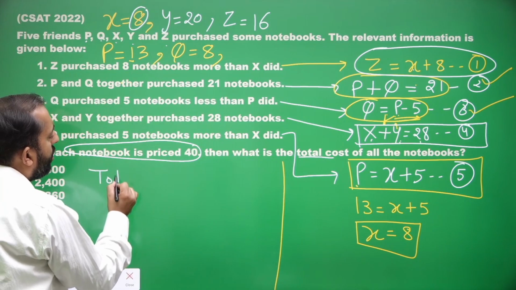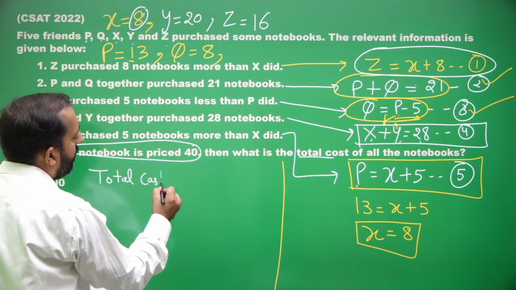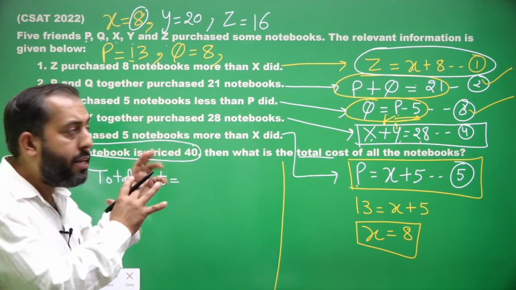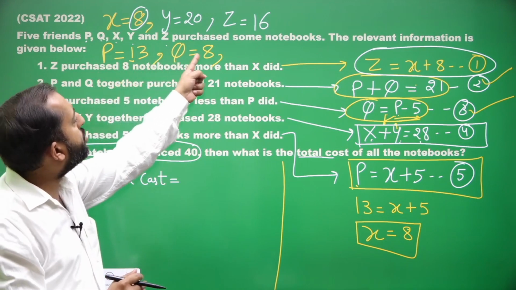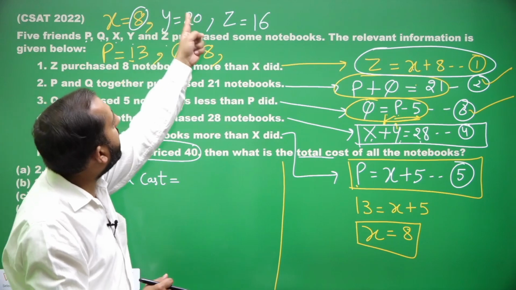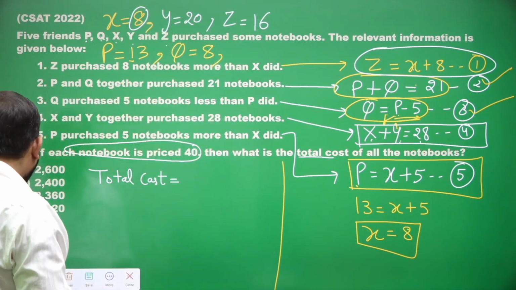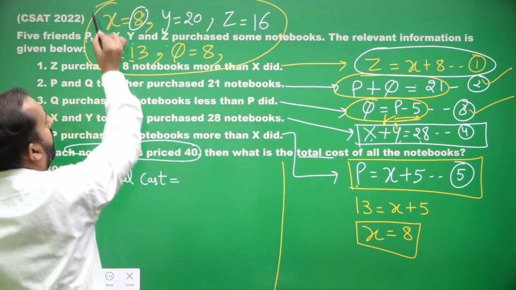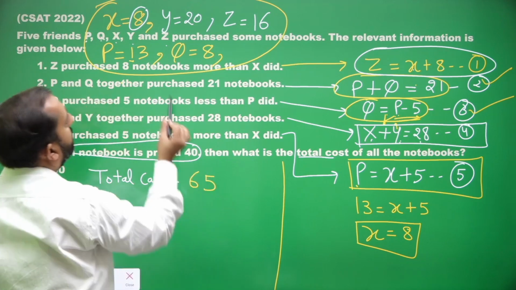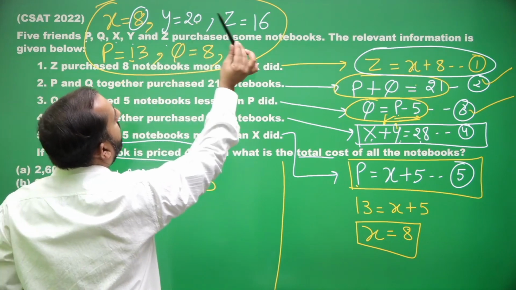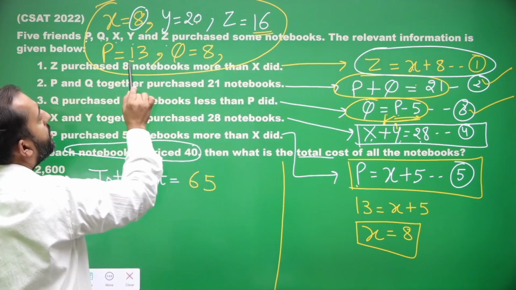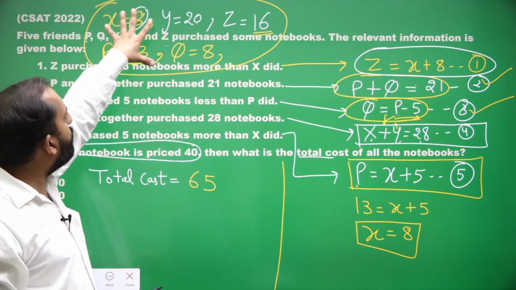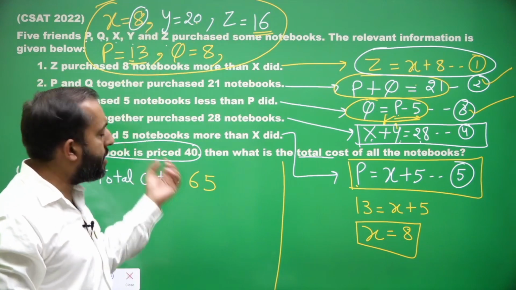So for total cost, we should know total number of notebooks purchased, meaning books by P plus books by Q plus books by X plus books by Y plus books by Z. So if you find out total number of notebooks purchased, it comes out to be equal to 65. 8 plus 20, 28 plus 16, 44 plus 13, 57 plus 8, 65. So total number of notebooks purchased by all of them is 65.